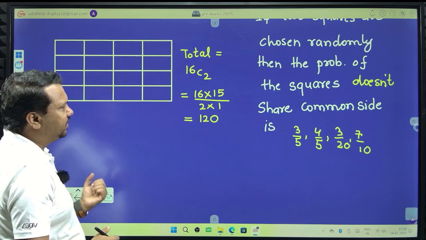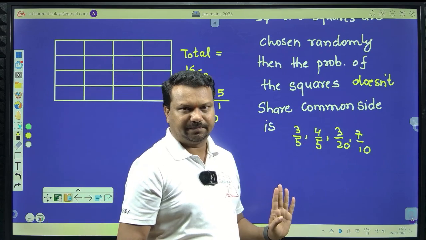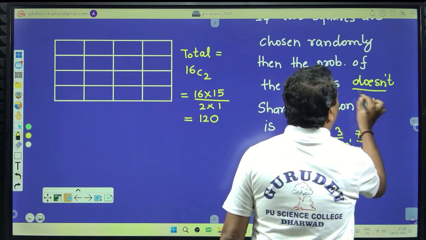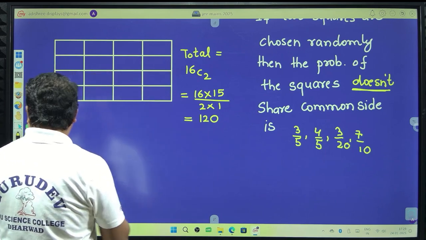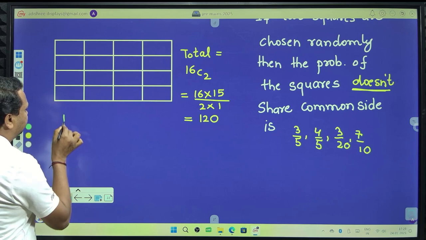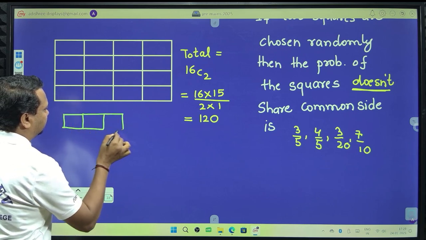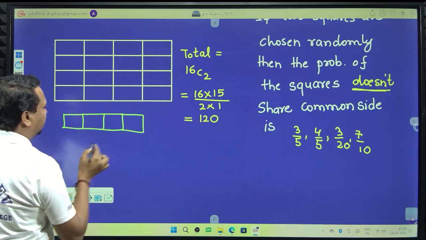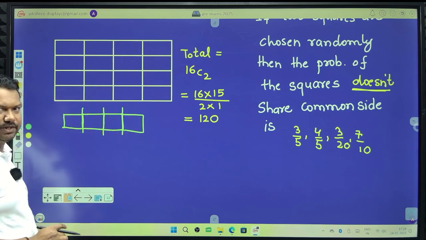Now out of this there are certain squares which share a common side. The question uses the complement method. Let me understand what adjacent means. If I take horizontal, there is a common side.